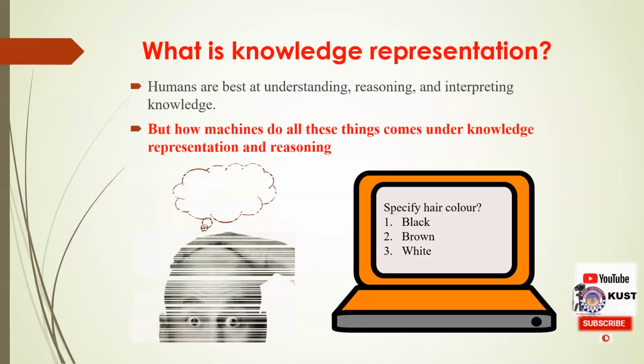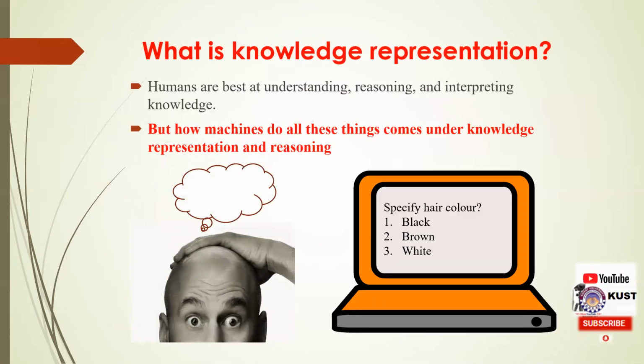Now, what is knowledge representation? Humans are best at understanding, reasoning, and interpreting knowledge. Humans know things, which is knowledge, and as per their knowledge, they perform various actions in the world. But how machines do all these things comes under knowledge representation and reasoning.